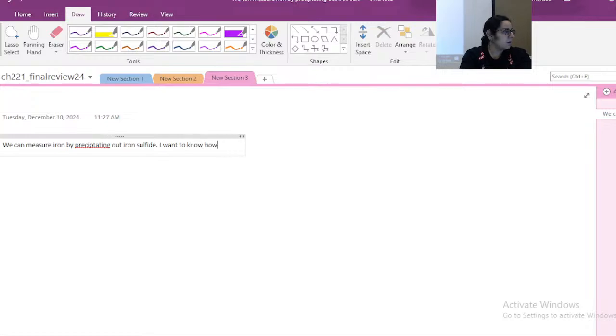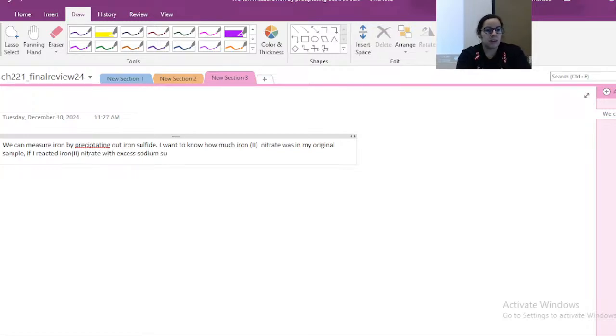I want to know how much iron nitrate, I should say iron 2 nitrate, was in my original sample if I reacted iron 2 nitrate with excess sodium sulfide to produce 12.34 grams of iron 2 sulfide.